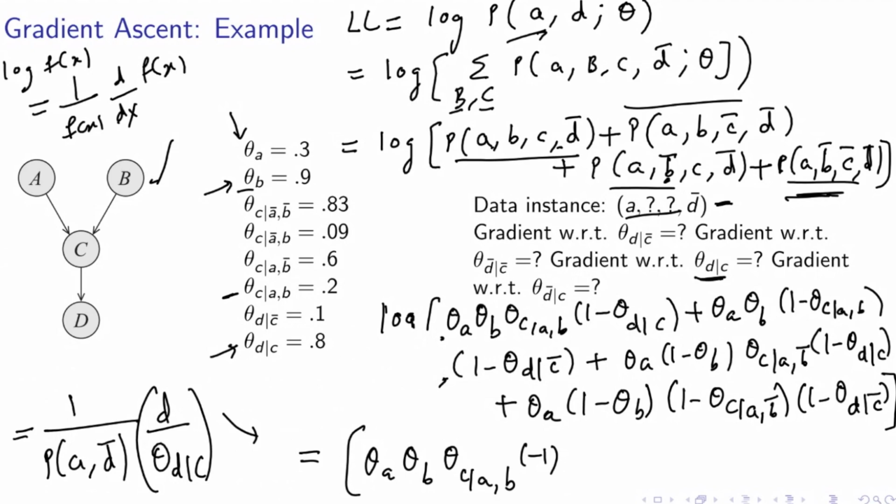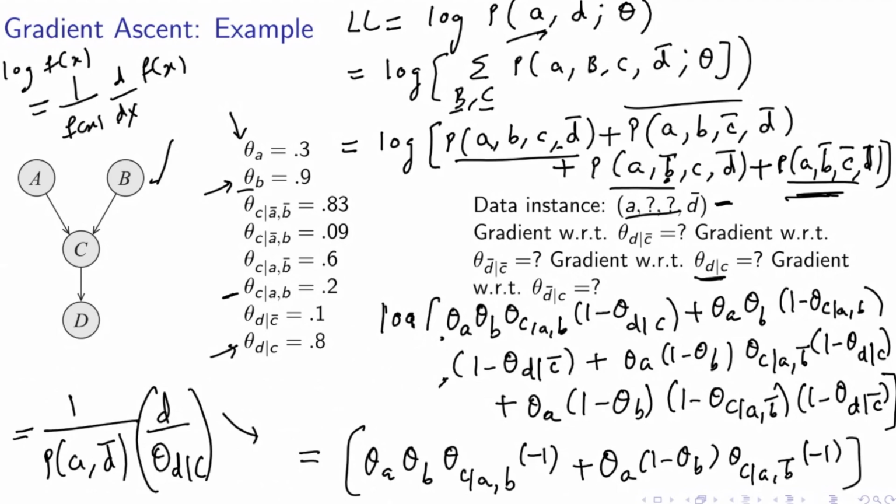What about the second expression? The second expression does not contain d given c at all, so that will be a constant, and the derivative of that will be 0. Again, the third expression contains theta of d given c, so that will be theta of a, 1 minus theta of b, theta of c given a comma b bar, and we have 1 minus theta of d given c, so the derivative of that is nothing but minus 1.